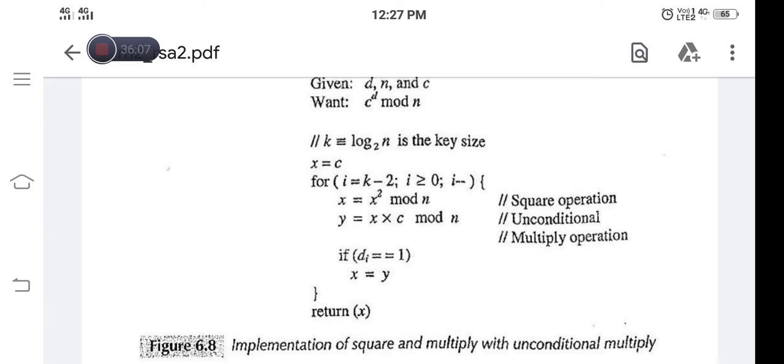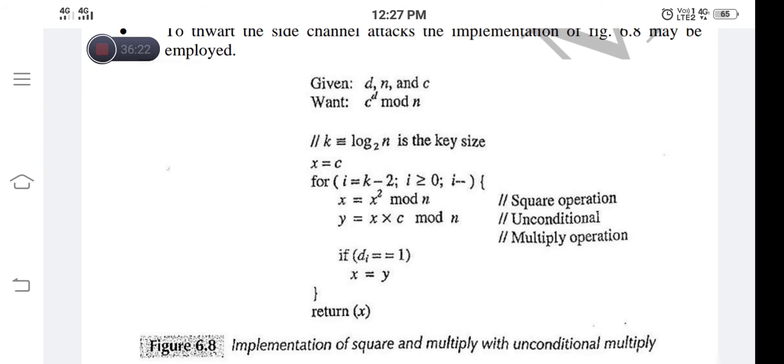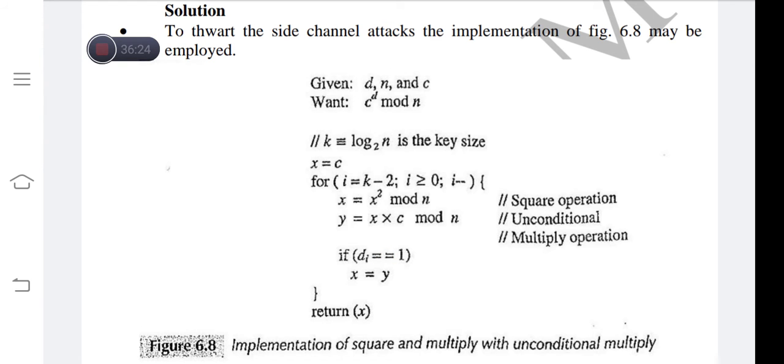However, if the bit of the decryption key during that iteration is a 1, the multiply instruction is necessary and an error in it will lead to a faulty decrypted value. Okay, due to this code, if di is equal to 1, x will be assigned y.